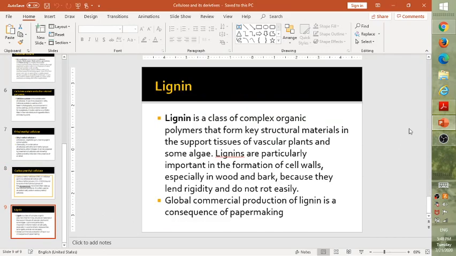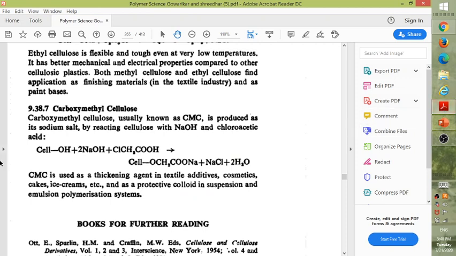Okay, so now let us see. Carboxyl methyl cellulose, usually known as CMC, is produced as a sodium salt by reacting cellulose with NaOH and chloroacetic acid. So first you take cellulose, that is CellOH, 2 molecules of NaOH, and chloroacetic acid.